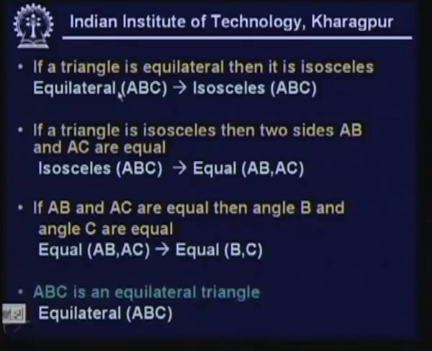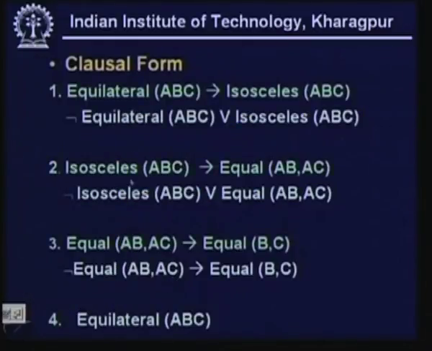So, from these statements we have got a set of propositions. Now, we have to convert each of these propositions into the clausal form. Equilateral ABC implies isosceles ABC turns out to be not equilateral ABC or isosceles ABC. Isosceles ABC implies equal AB AC will be equivalent to not isosceles ABC or equal AB AC. Equal AB AC implies equal BC will be converted to, you see, P implies Q is not P or Q. I am sorry, I have made a mistake here.